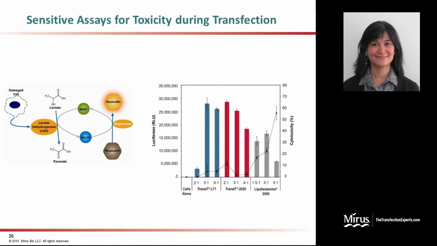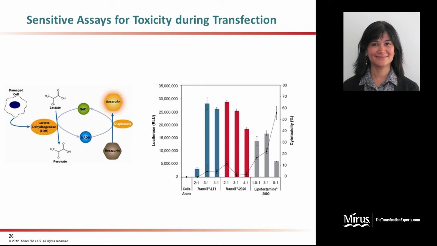Here you can see a data set of HeLa cells that have been transfected with a luciferase encoding plasmid. This data shows expression and also the corresponding toxicity values in terms of the LDH release from the matching cell supernatants. Again, as you can see here, with lipopolyplexic formulations such as Transit LT1 and Transit 2020, you see good expression in these HeLa cells and correspondingly low toxicity.